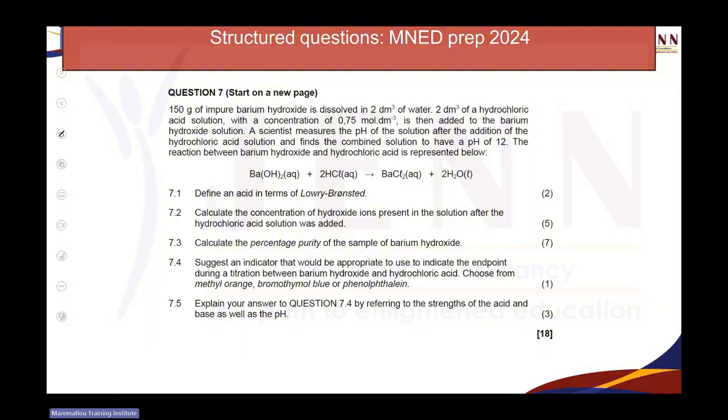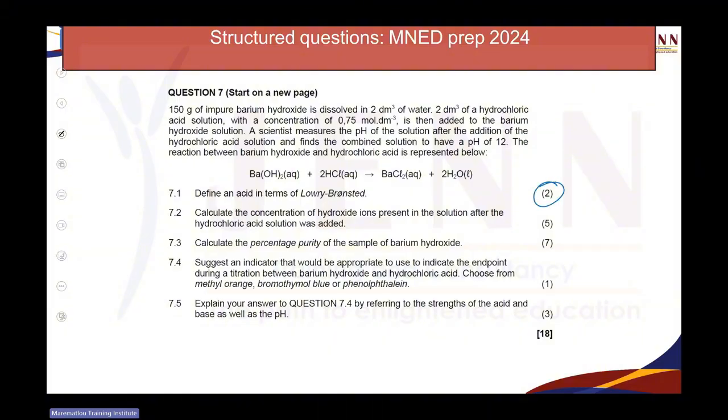Okay, we have a few minutes left, about 4 minutes before I go. So I just wanted to check so that we are certain that this is what we are going to do in preparation for our examination. The question says define, that's 2 marks.